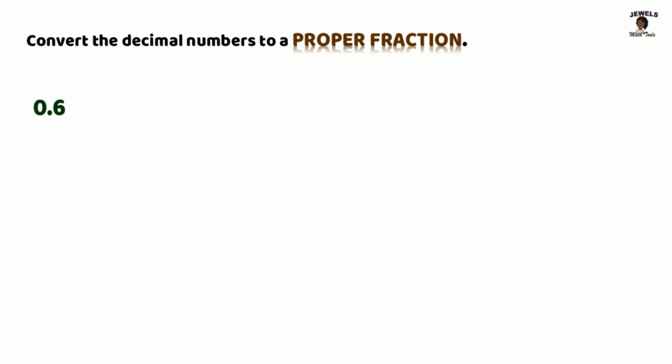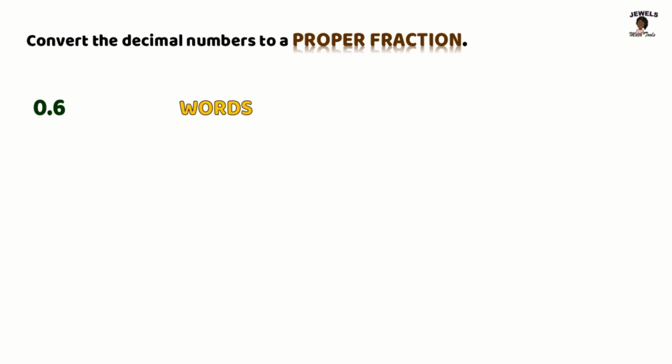So let's look at the next example. We're going to be changing our number on the screen into its fractional form. Now I want you to begin by writing this number out in its word form, because if you can write it in its word form, it should be a little bit easier for you to convert it into its fraction form. And the good thing with decimal numbers when you're changing them into fractional form is that for the most part, all of them will always have a denominator of a tenth form.